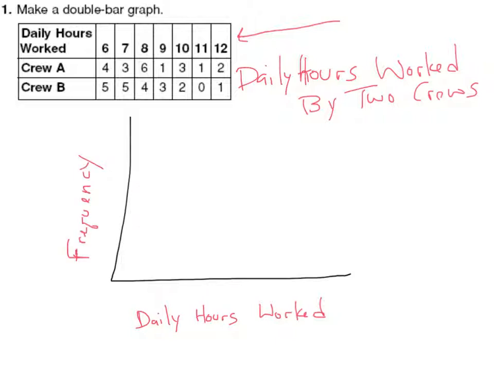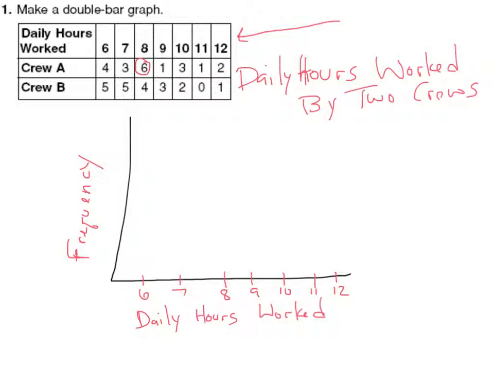Now as I start plugging in numbers after I have my titles, I know my hours worked. I go from 6 to 12. So I'm going to plug in 6 through 12 on my x-axis because that's my daily hours worked. And then on my y-axis, my frequency, if you look at crew A and crew B, what is the highest number it goes up to? 6.